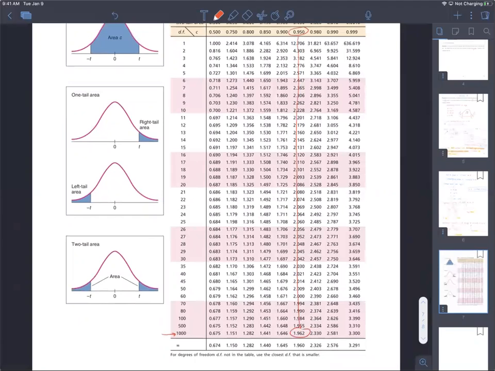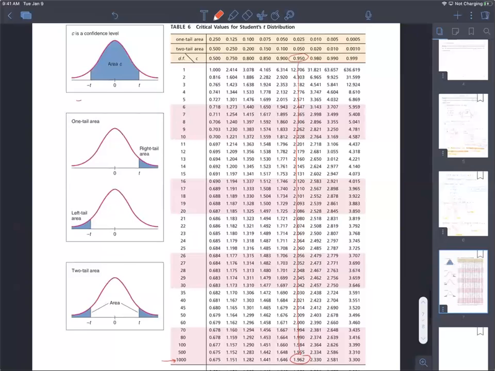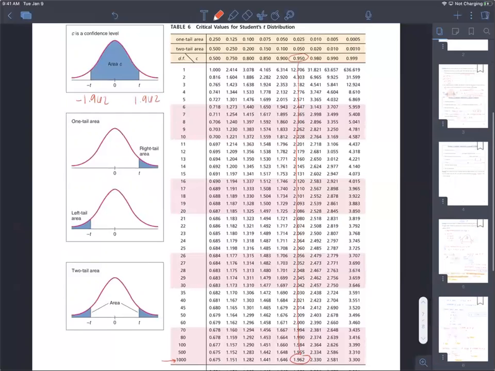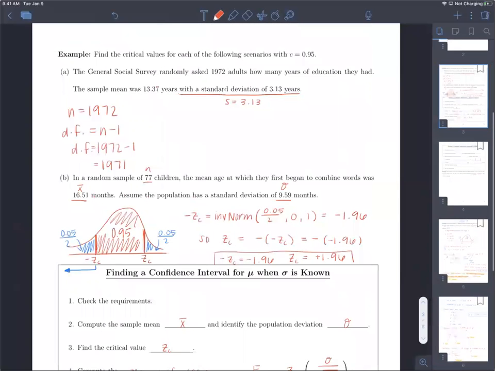And what that means is, this is negative 1.962 and this is positive 1.962, which is the same kind of picture that I have right here when I know sigma, right?